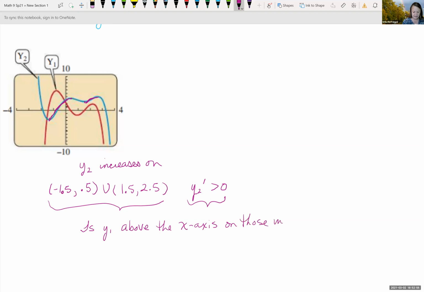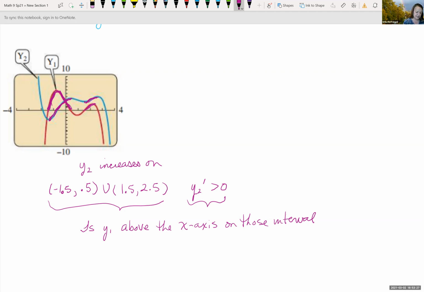I would look back and make sure. On this interval, notice that my graph is above the x-axis here. That's all above the x-axis. And for this piece, I'm still all above the x-axis. So I'm good there, and that is matching.